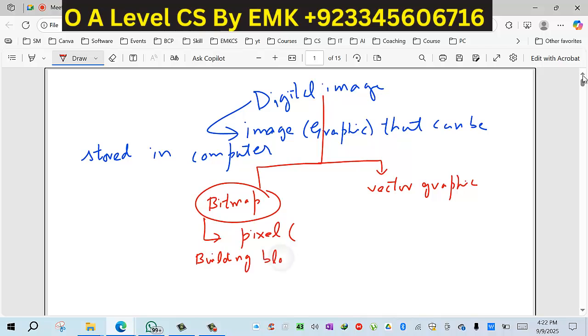Building block of bitmap image. पेपर में क्वेश्चन आ चुका है कि what is a pixel. So you need to tell them that pixel is a building block of bitmap image. ठीक है, बिटमैप इमेज का जो बिल्डिंग ब्लॉक होता है वो आपका पिक्सल होता है.